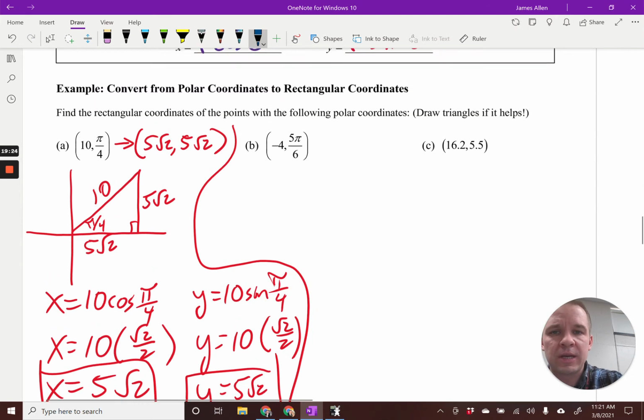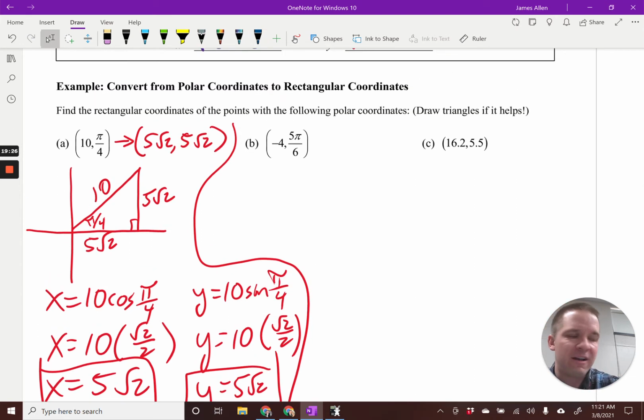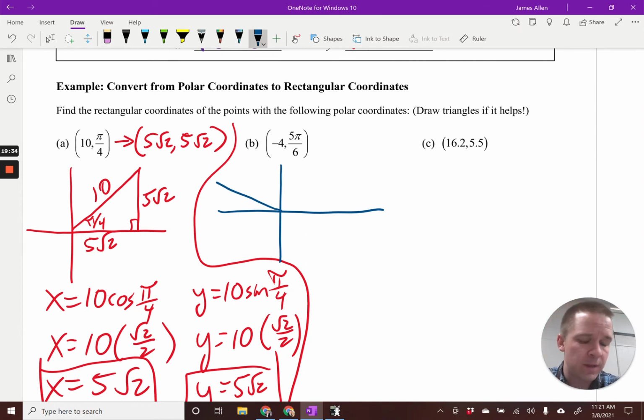All right. So we get negative 4, comma 5 pi over 6. So 5 pi over 6, let's remember, is over here, right? But that's a negative 4, so really what's going to happen is it's going to come back this way for my triangle. And this is going to be a positive radius then, if I'm thinking about this in my triangle here, and this is a pi over 6 reference, right? 30, 60, 90 triangle.